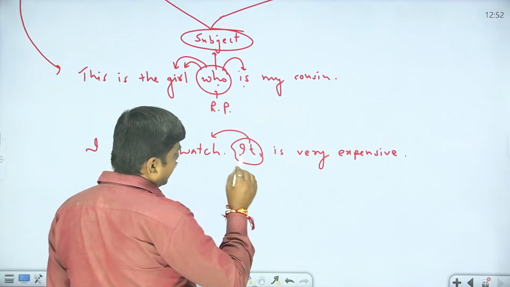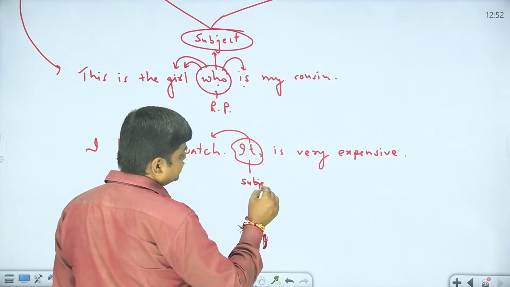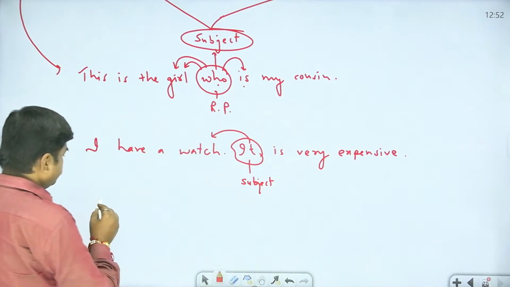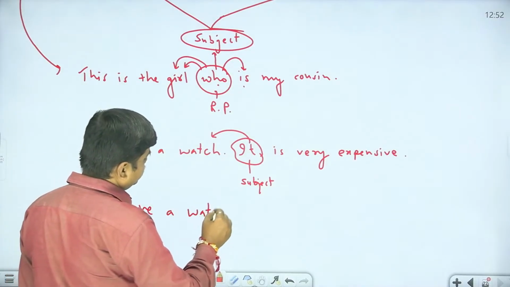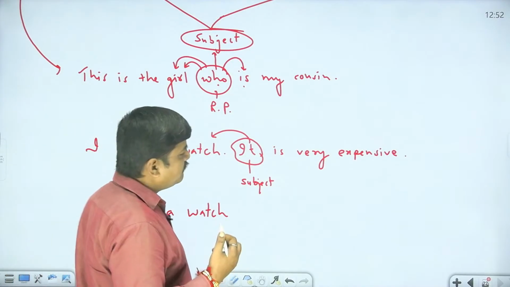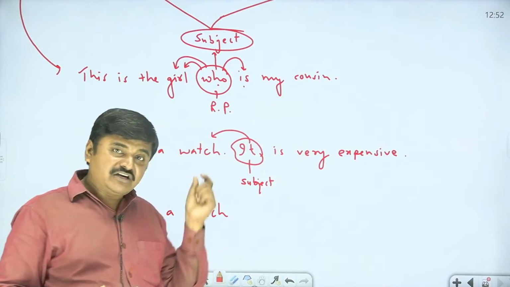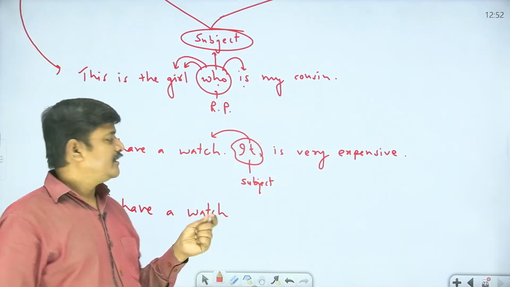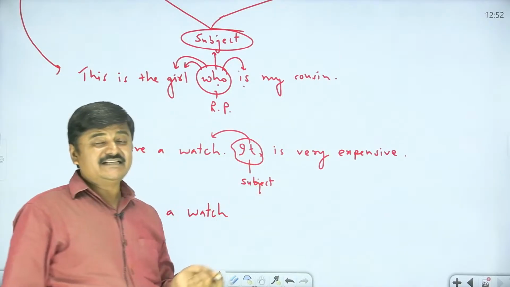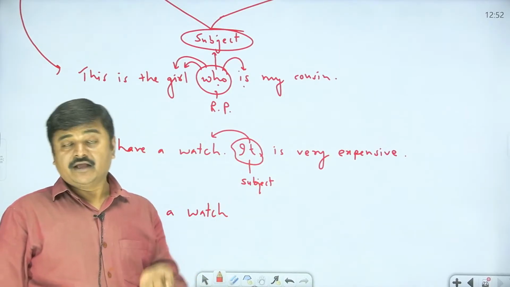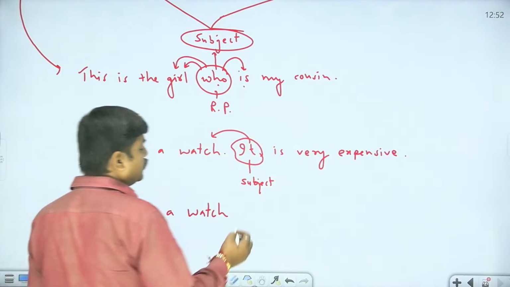It means we have to remove this word. This word is actually subject. So I have to write like: I have a watch. Now, which word should we use? We have to use the word that functions as a subject. But this subject is for non-living being, and for non-living being, we cannot use who. We have to use which.